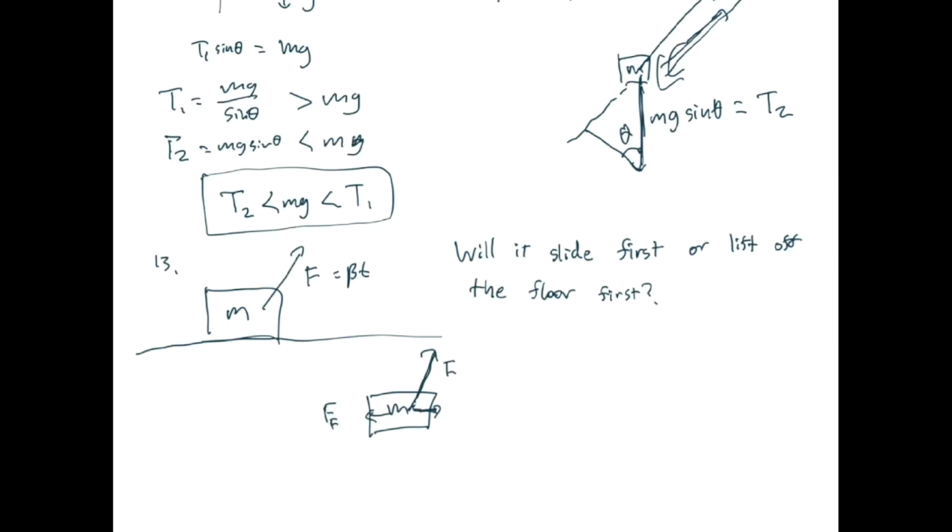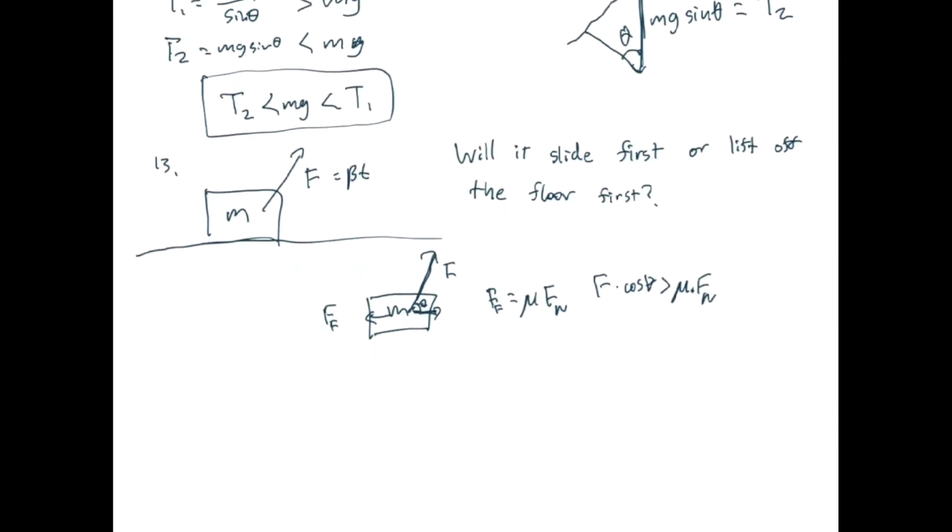And so that will cause it to slide. And remember that the force of friction is equal to mu times the normal force. So for it to start sliding, we have to have the force times cosine of whatever angle it's at be greater than mu times the normal force.